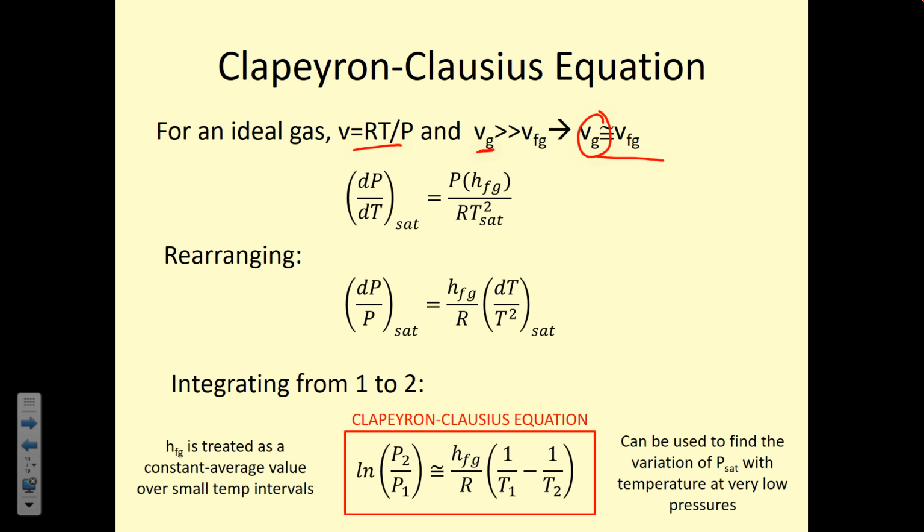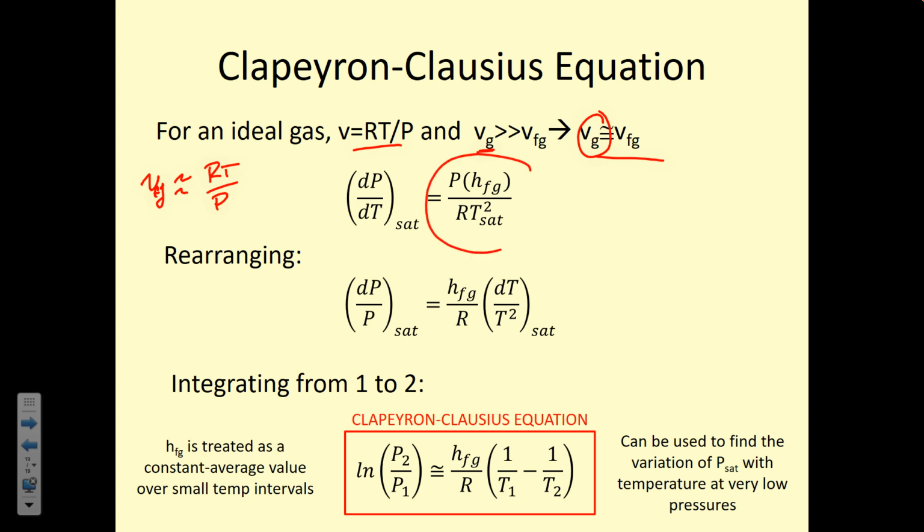So then we can say, well, we don't need to know what V sub F is, we'll just assume it's whatever our volume is now. So then we can say V sub G is approximately equal to RT over P, or VFG is approximately equal to RT over P, and then just plug that into the equation.